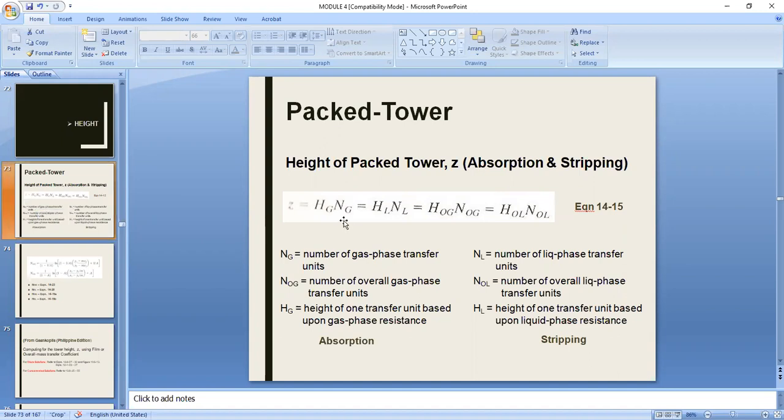You have H sub G, N sub G, H sub L, N sub L, or if it's based on the number of overall liquid phase transfer units or overall gas phase transfer units, you will use the H sub OG or H sub OL. You can find this in equation 14-15 in your handbook.